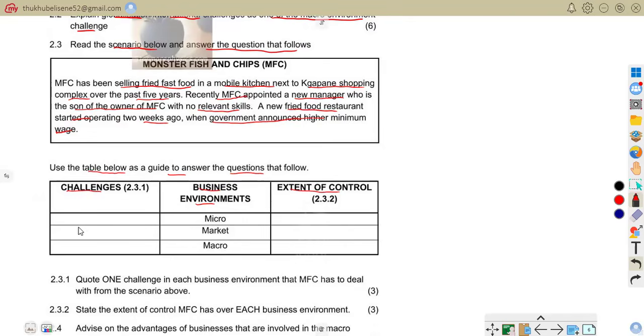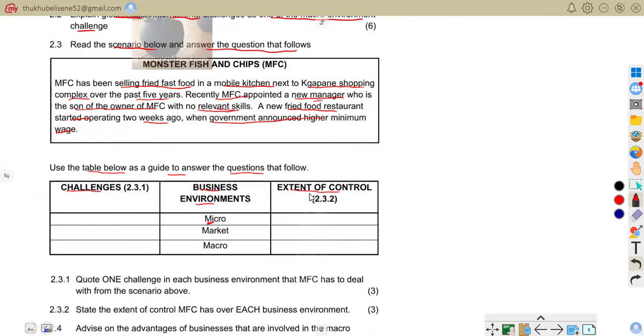So the first challenge is a new manager appointed who lacks skills. Recently, MFC appointed a new manager, the son of the owner, with no relevant skills. This is found in the micro environment.